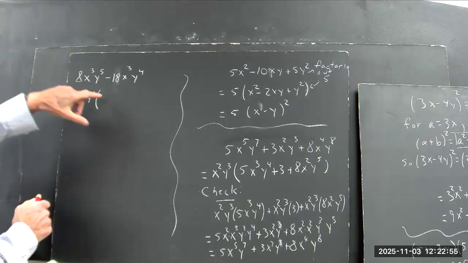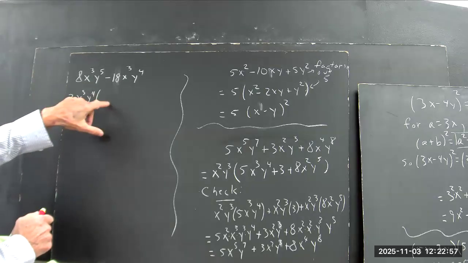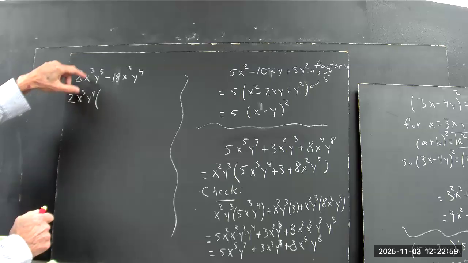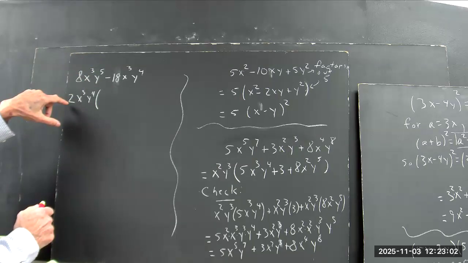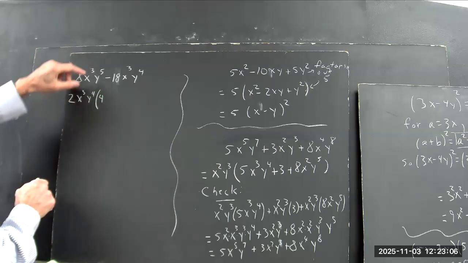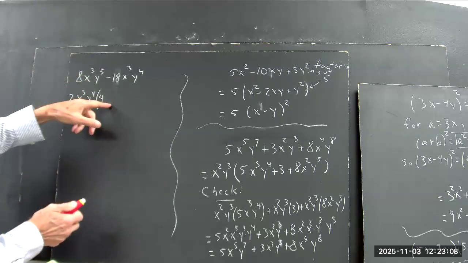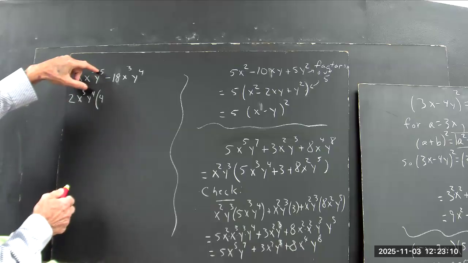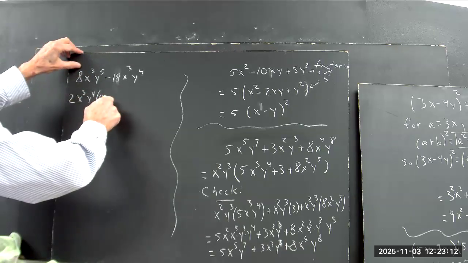Well, we need to multiply this by something to get 8x cubed y to the 5th. Well, we multiply 2 by 4 to get 8. We already have an x cubed, so we don't need an x here. We need a y to the 5th. We've only got y to the 4th, so we need a y.